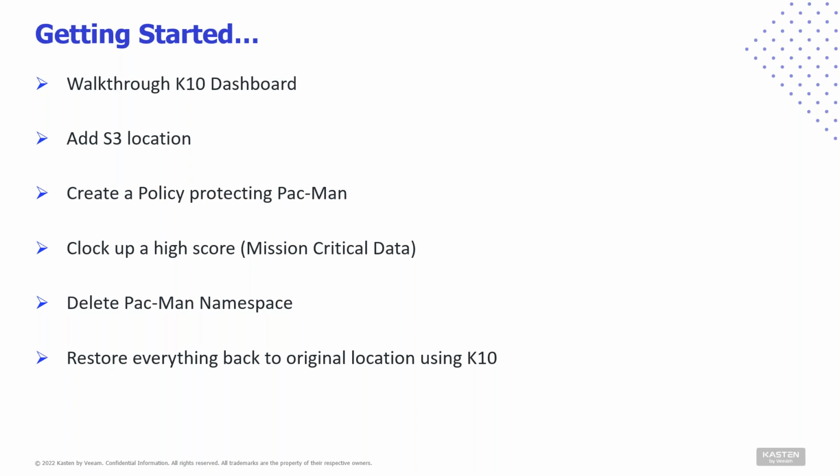After that, we will add S3 locations for the snapshots to be exported to. Dealing with data protection, we will create a policy for the data services, which will be running Pacman as the Node.js and MongoDB applications on the Minikube, and score up some high scores as part of the gaming.